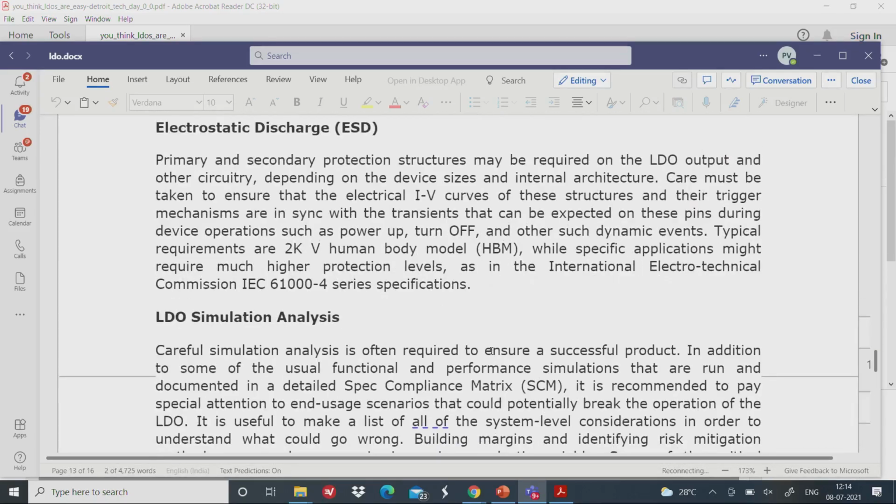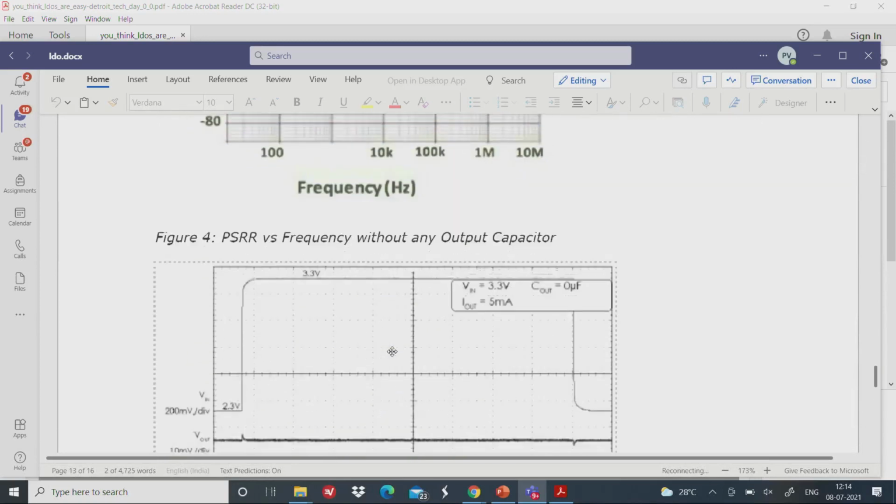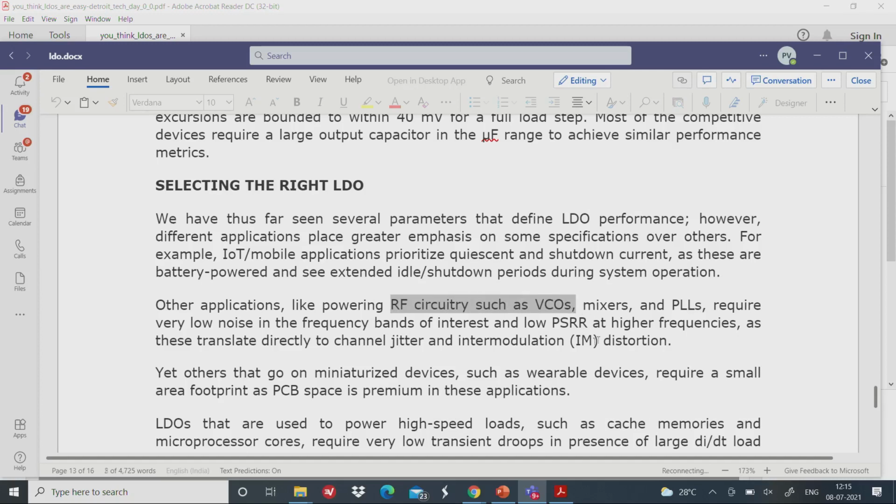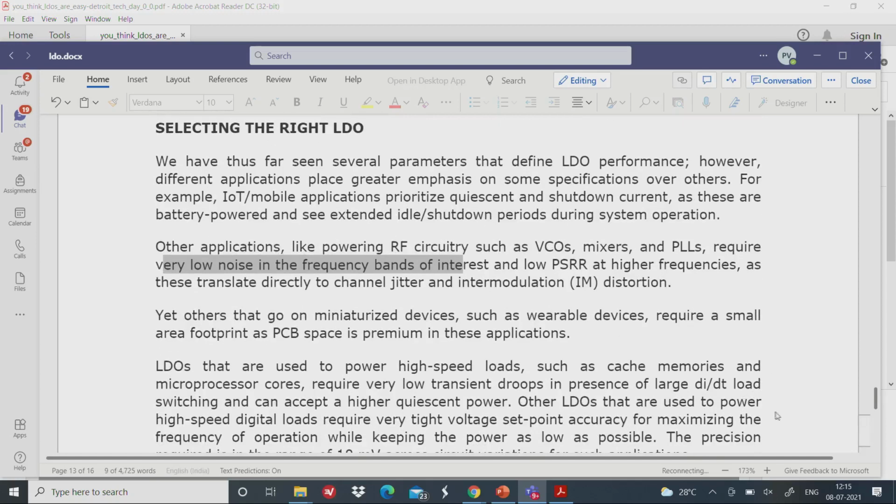Then of course packaging, then there are ESD related issues which you must read carefully, and selecting the right LDO means you must look at mainly the datasheet parameters that we described, because essentially you are powering RF circuitry like VCOs, mixers, PLLs, of course ADCs, okay, they all need very low noise in the frequency bands of interest, and so you may need very good noise rejection.